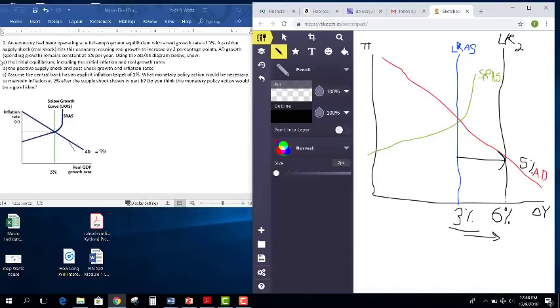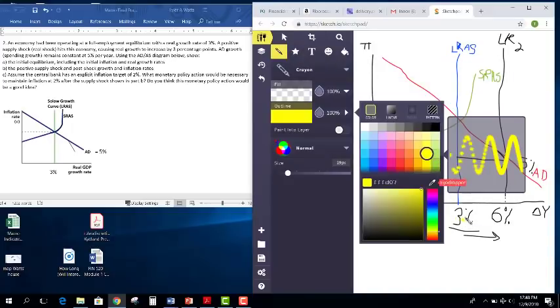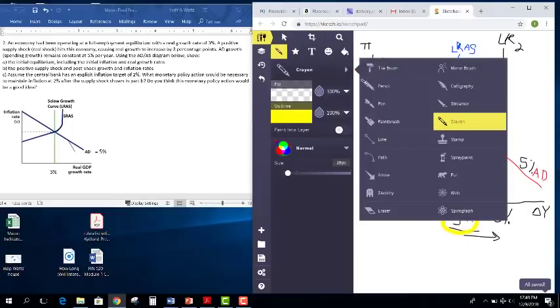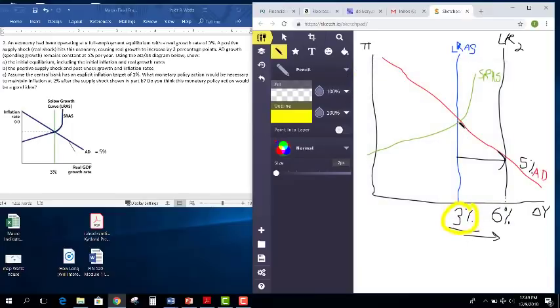So now we're going to do this: the initial equilibrium, including initial inflation and real growth. Well, initial equilibrium, we've got 3% real growth, and inflation would have had to be at 5% total spending and 3% real growth. Inflation would have had to be what? 2.